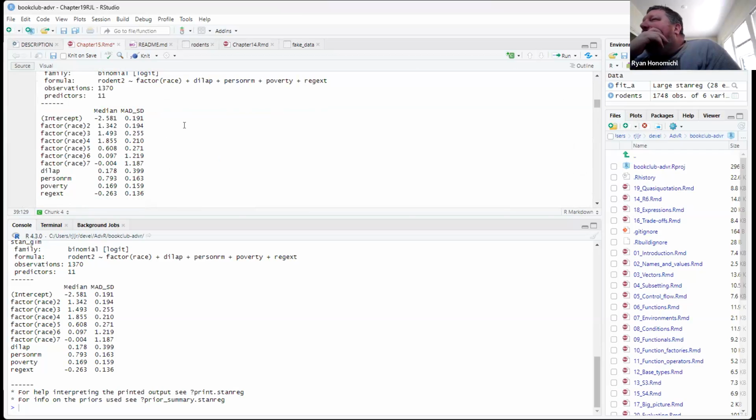That's basically what we're saying here. Obviously the intercept we can't really interpret because it's negative, but that's for 0 persons. That's for a white person with no people in the room. Yeah. So even though there's nobody in the room, they're still white. I like that.